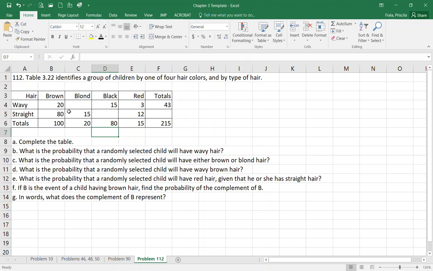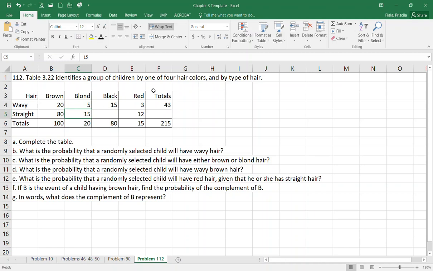Okay, so 100, 120, 200, 215. And then we already have all the major totals. Right here, if you have 20 for a total and 15 are straight, you're going to have 5 wavy.